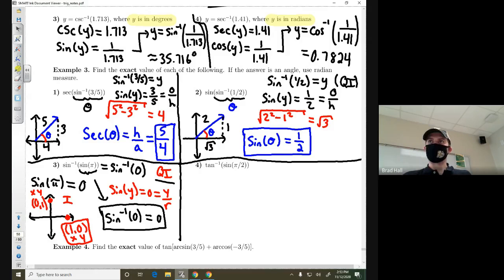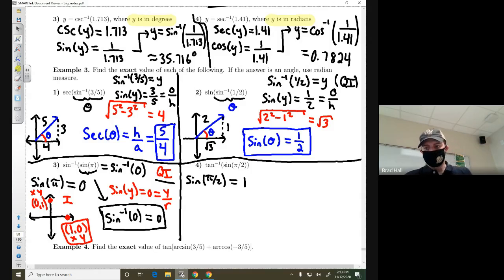And so again, the inverse is on the outside and the regular trig function is the interior function. We can go ahead and figure out sine of pi over 2 first, because that's pretty easy. Sine of pi over 2 is 1.